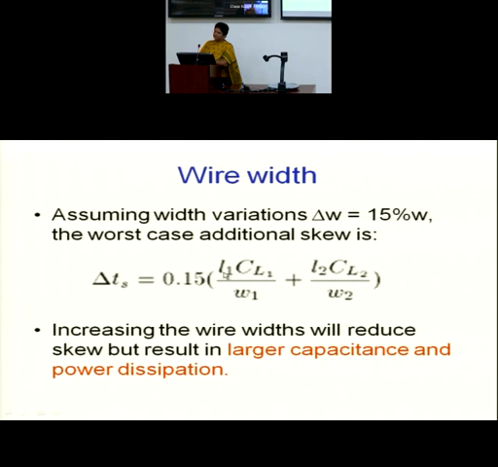L1 is the length of the segment, CL1 is the load driven by the segment, and W1 is the width of the segment. Which segment? The segment between S0 source to S1, and this is the segment between S0 to S2.